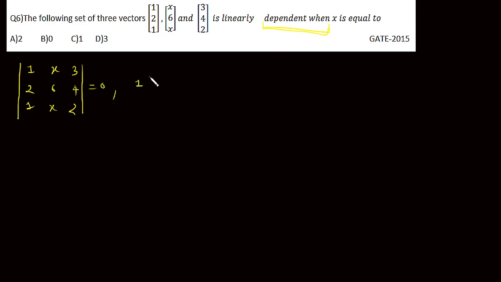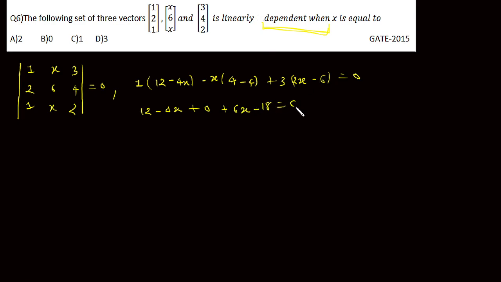So 1 into 12 minus 4x, minus x into 4 minus 4, plus 3 into 2x minus 6 equal to 0. So now here 12 minus 4x, this element becomes 0, plus 6x minus 18 equal to 0.